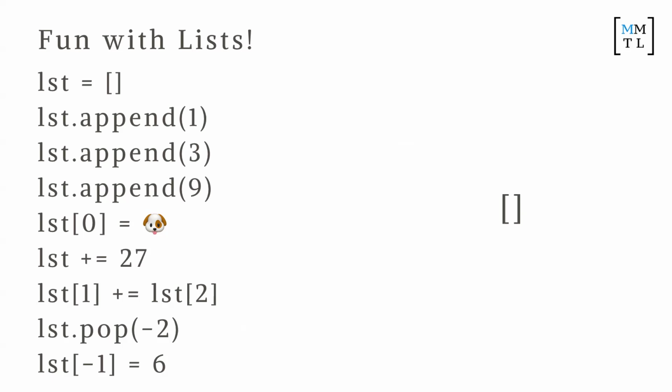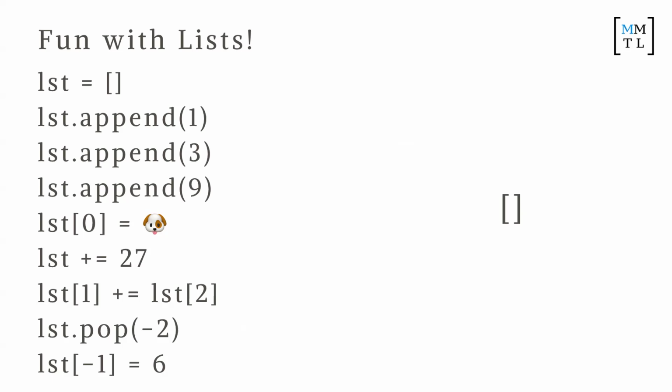That's the first 4 lines. Then we change this value here, so 0 to a dog. I'm just going to write dog. And then we add 27 as that 5th or 6th line there. And then list 1 plus equals list 2.